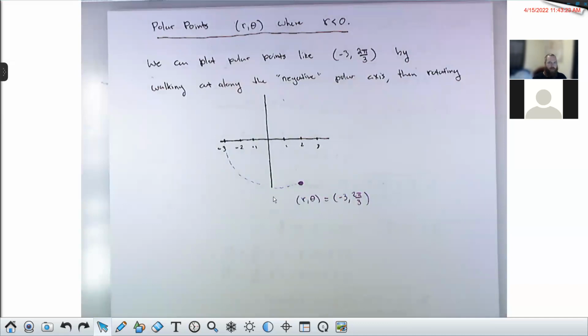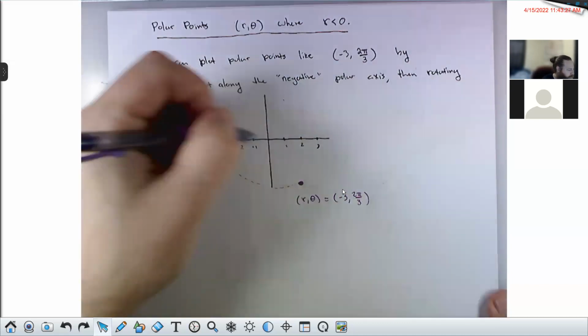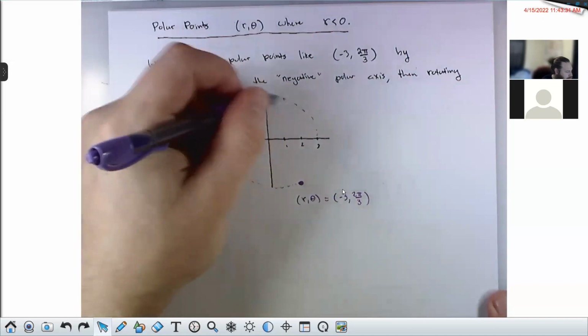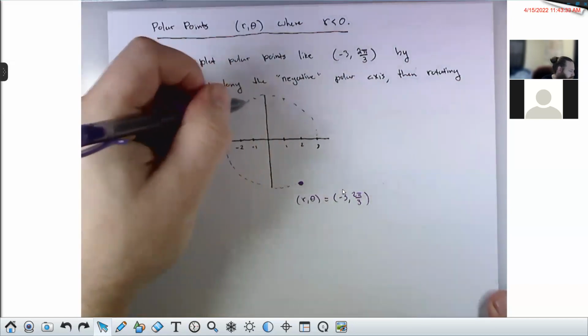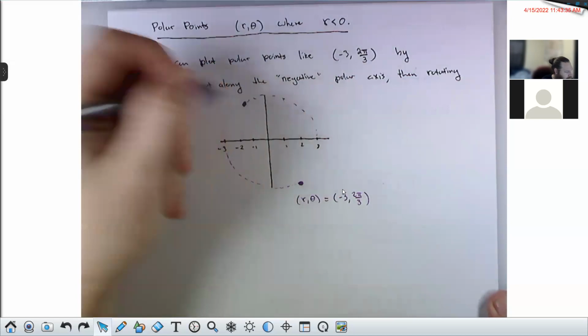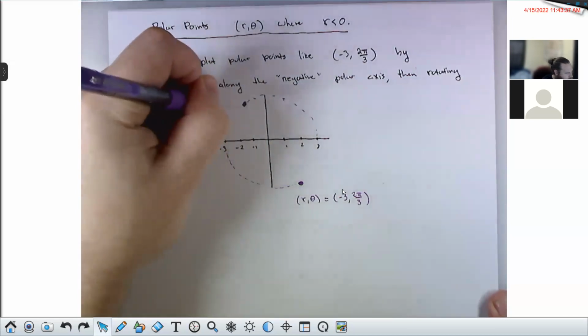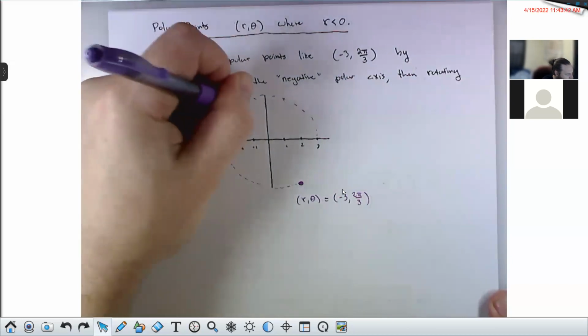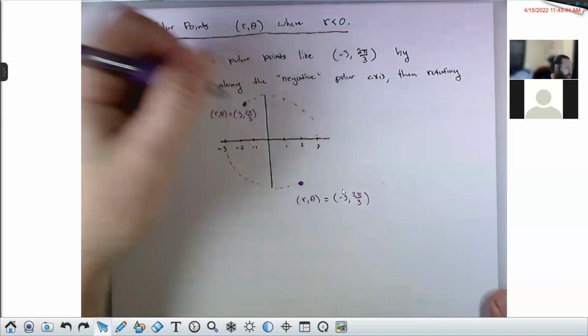Let me go ahead and plot the point +3 comma 2 pi over 3. So if I walk out 1, 2, 3, and then I rotate up by 2 pi over 3, that's going to put me right here. Here's the point r comma theta, which is 3 comma 2 pi over 3.